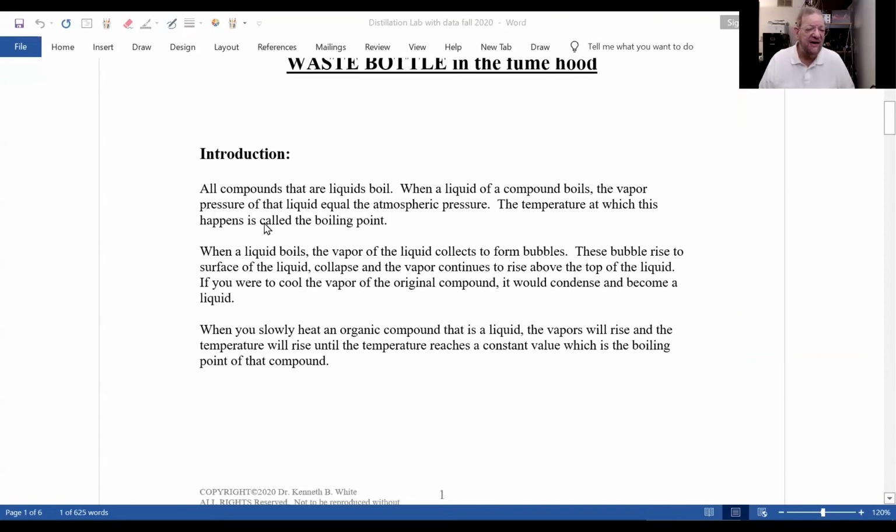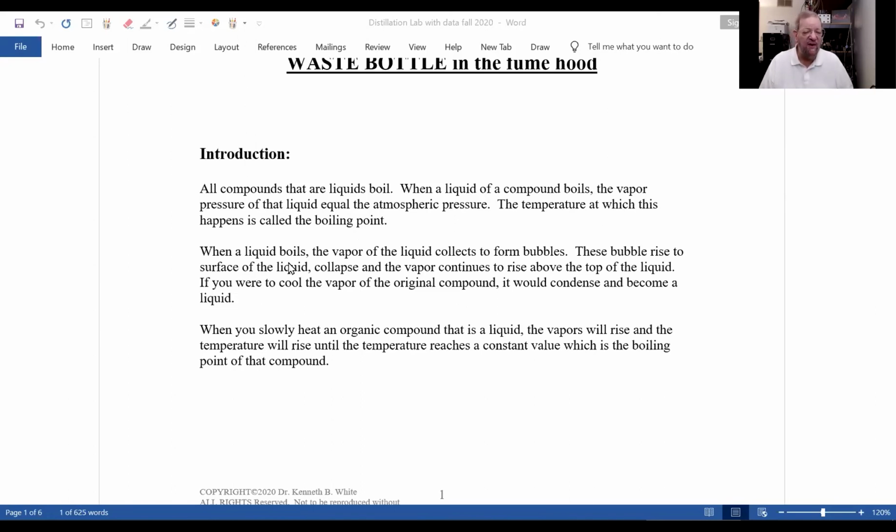Distillation depends on liquids that boil. And when a liquid boils, the vapor pressure of the liquid is equal to the atmospheric pressure. The temperature at which that happens is called the boiling point. And how do you see that?